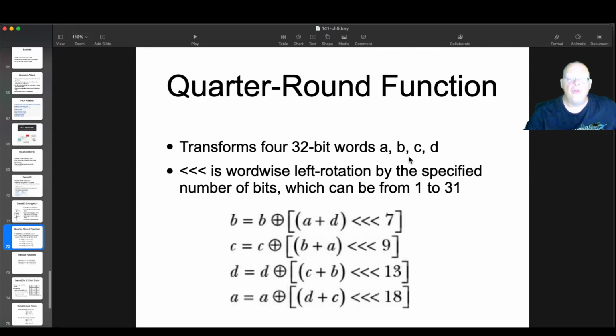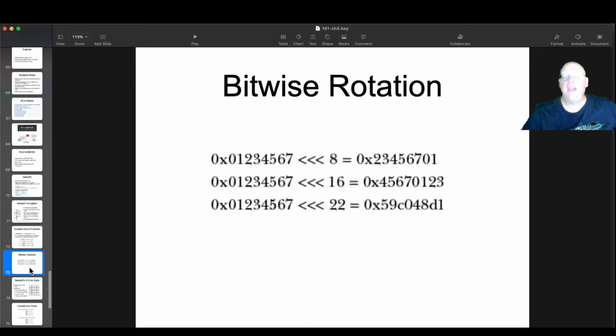You have 4 32-bit words, so that's 128 bits, and it mixes them all up like this with left shifts. Just to remind you of that other one we looked at earlier with the weird ANDs and XORs with all these weird numbers. They've chosen to shift by these amounts, and they've chosen to mix the 4 words in this way, which turns out to be the effective way.